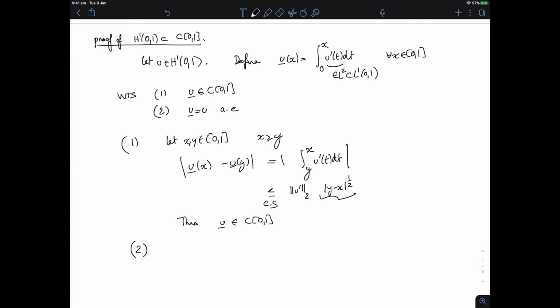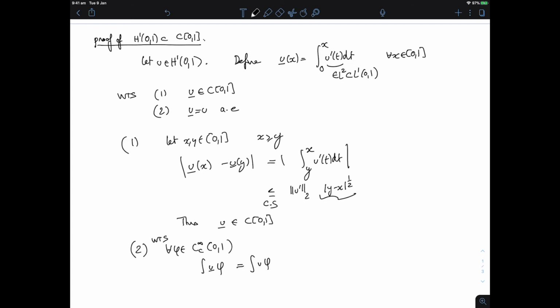Okay, now let's prove the equality almost everywhere. In order to do that, I'm going to get myself a C infinity compactly supported function, phi, and I'm going to look at what I can say about the integral of u bar phi. What I need to show is that this is equal to the integral of u phi.